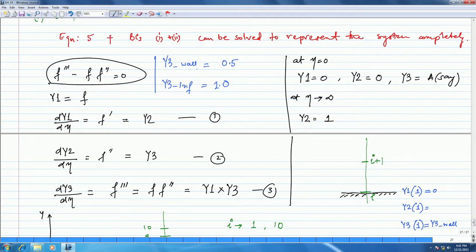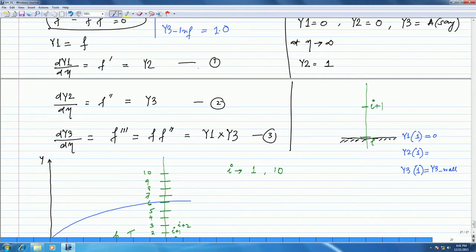Okay. So, now what I am going to do is take this, now that I have i and i plus 1. Here in this particular case, I am going from the wall, the i is at the wall, but essentially you could take it anywhere. If this could be i, this could be i plus 1, it doesn't matter. So, anywhere, I am taking this so that here we will be able to use these kind of boundary conditions only here.